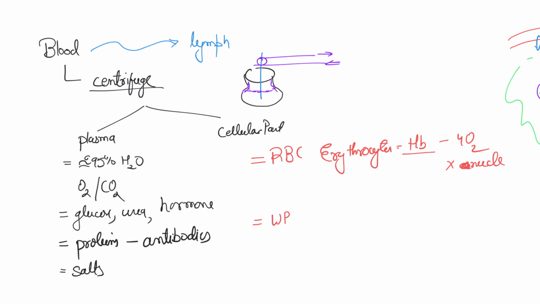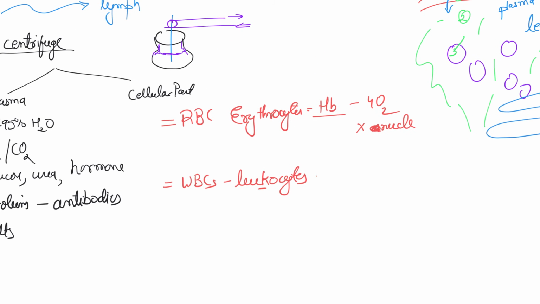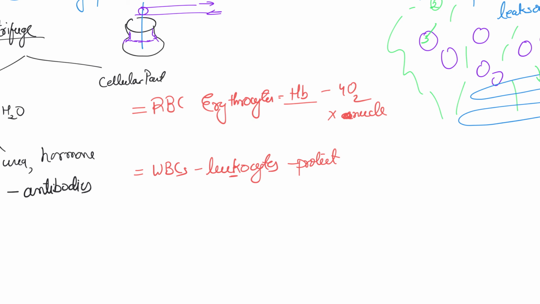Then you have WBCs, white blood cells, also known as leukocytes. I always forget, is it K or C? Anyway, leukocytes, the job is to protect your body from different things. They can be further classified depending upon how they were seen under the microscope. So we have granulocytes and agranulocytes.